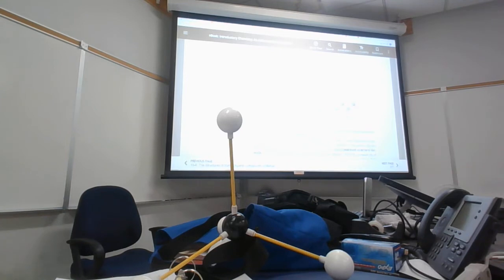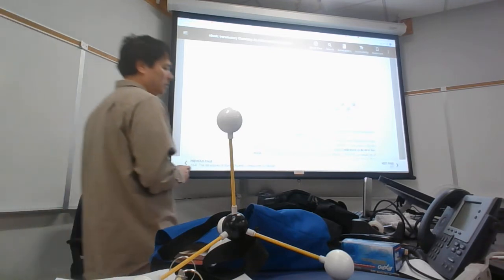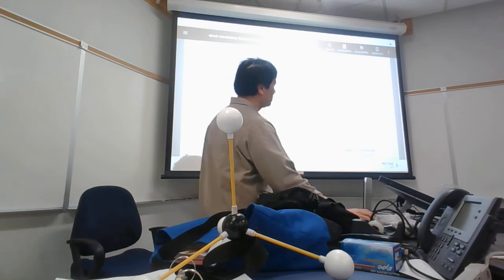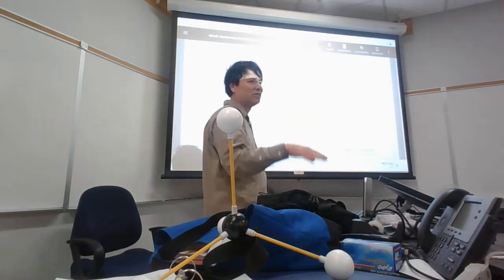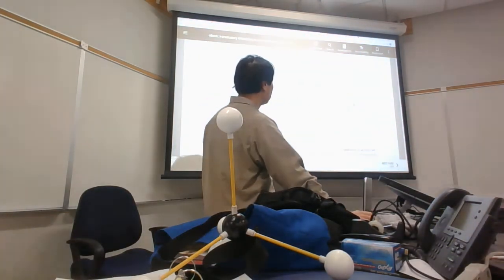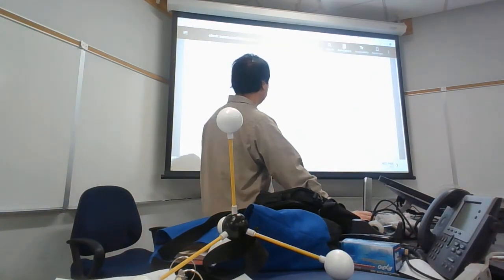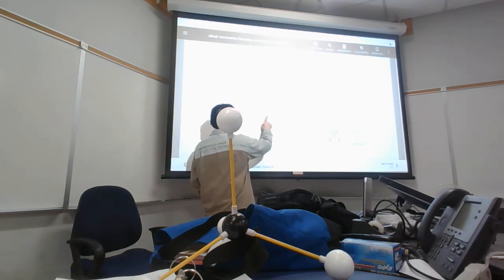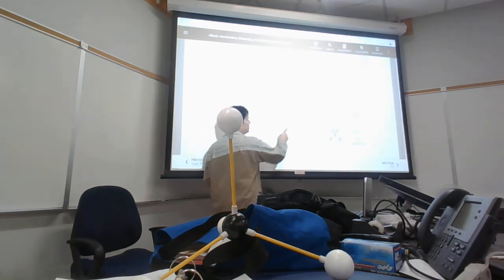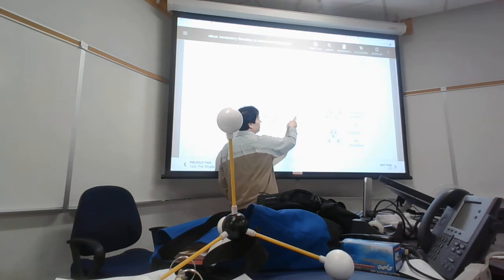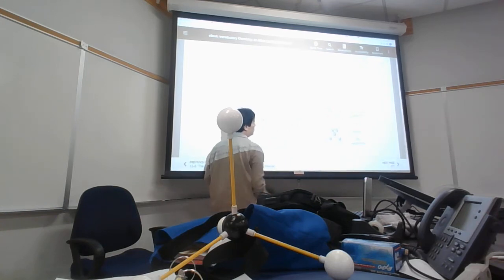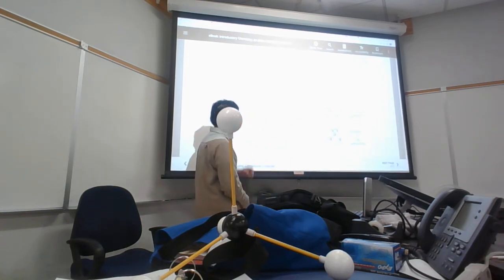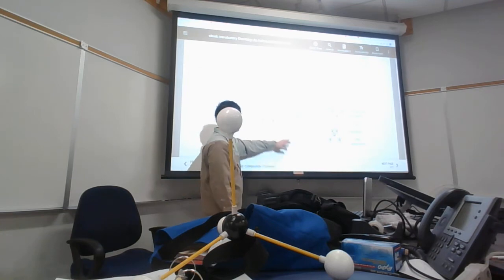But there's a problem. If we have C4H10, we could have branches. They don't have to be zigzag chains. We could have zigzag chains with branches. So the problem with butane is we could have a zigzag chain like this, 4 carbon atoms. But we can also have a zigzag chain with 1 additional carbon attached to, let's say, the middle one here. Both of these are C4H10. But there are 2 different structures for C4H10.